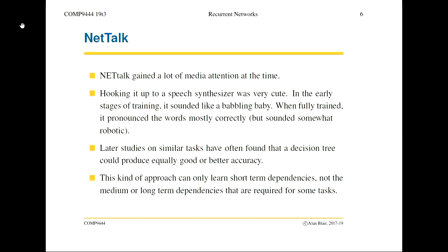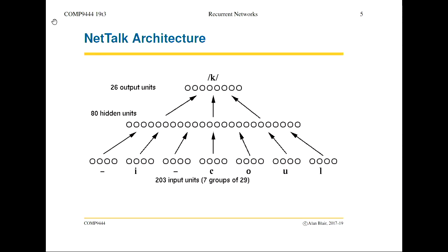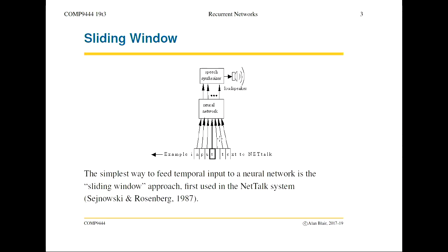And the other interesting thing, this approach can learn short-term dependencies, but not medium or long-term dependencies. Well, that's obvious, I guess, because it can only learn dependencies which rely on inputs from the preceding 3 time steps, basically, or the next 3 time steps.